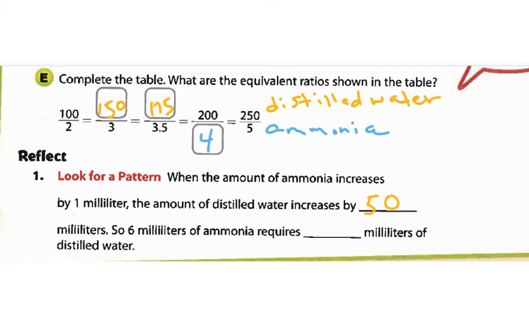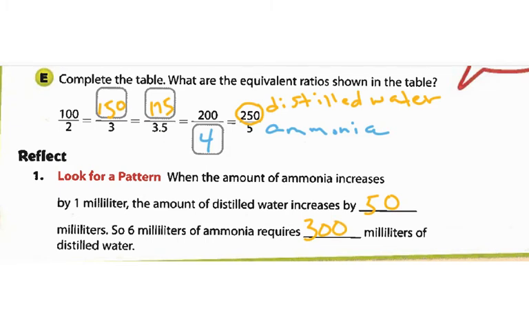So then their question is, if there are 6 milliliters of ammonia, how many milliliters of distilled water will we need? Well, you could just say, we know we're going to need 50 more than what we had for 5, so that's going to be 300 milliliters.